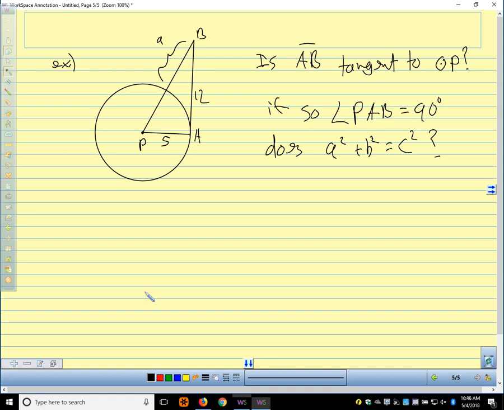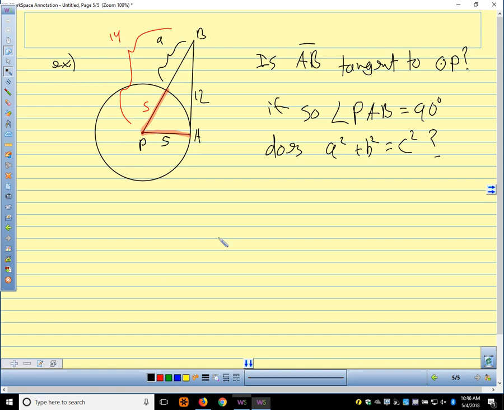All right, we know this radius is 5. So what is this piece? That's also a radius. That has to be 5. So this whole side is 14.